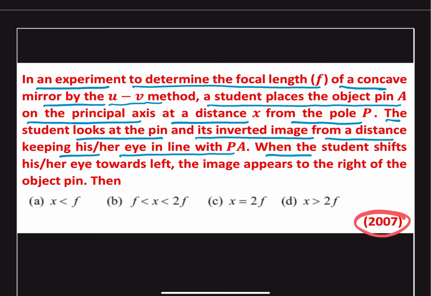When the student shifts his or her eye towards left, the image appears to the right of the object pin. Then we have to find out what is the relationship between x and the focal length from these four options.